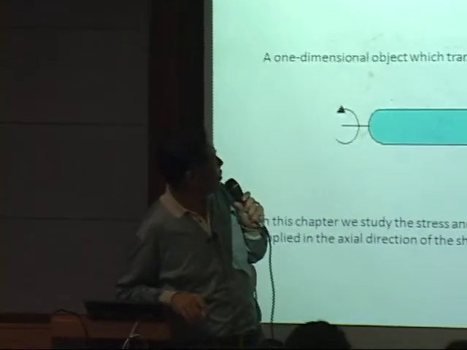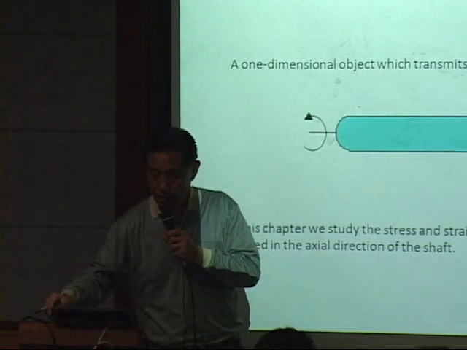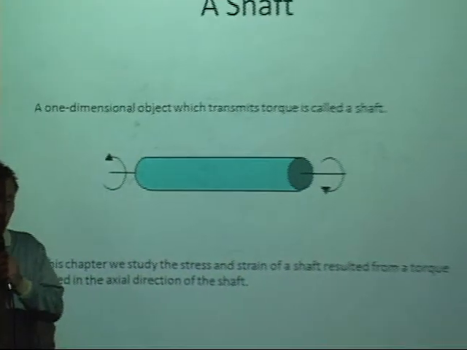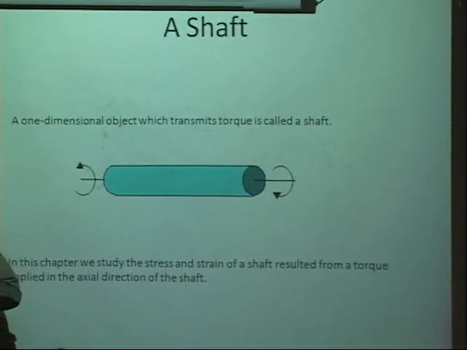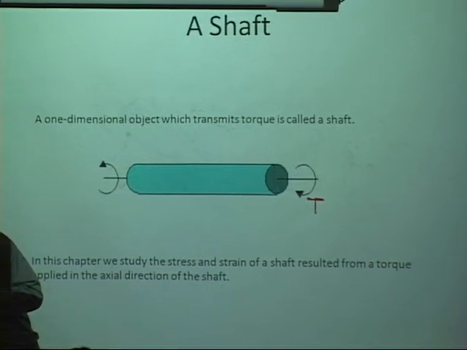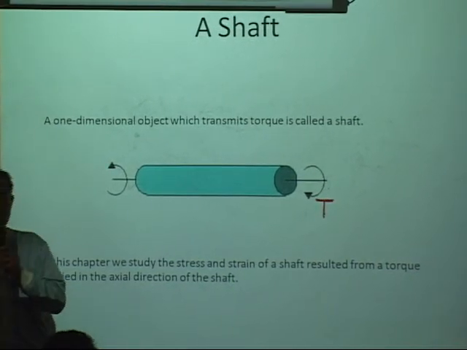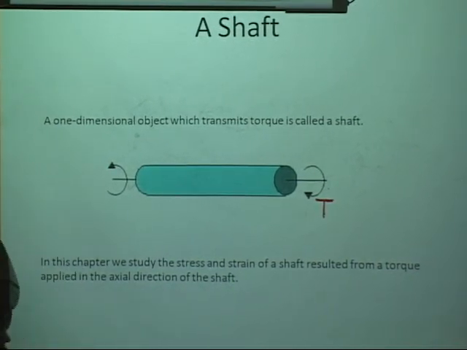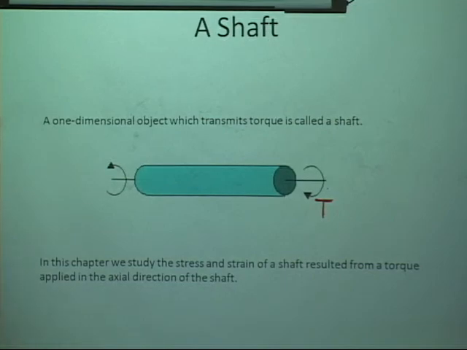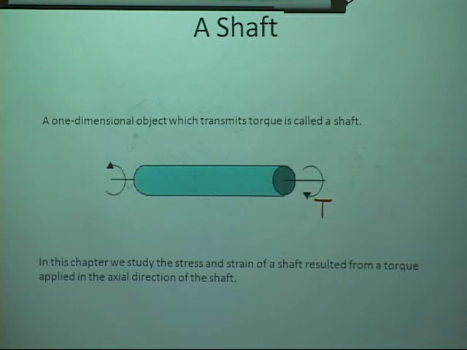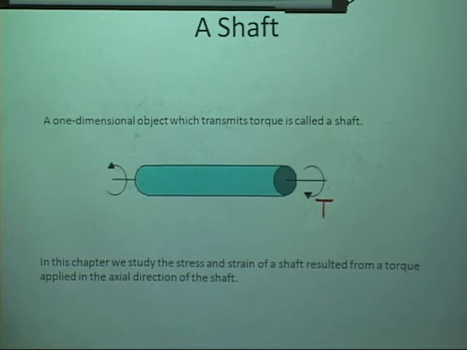Okay, so let's define a shaft. Again, a shaft is subject to a torque, or sometimes it is called torsion. The meaning is the same. A one-dimensional structure that transmits torque is called a shaft. A shaft can have very different types of cross section.